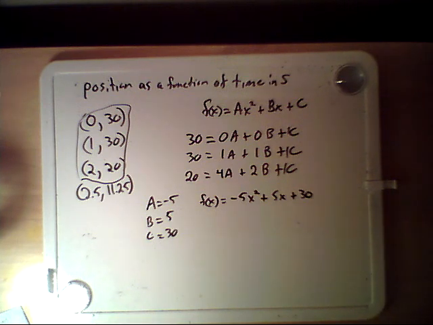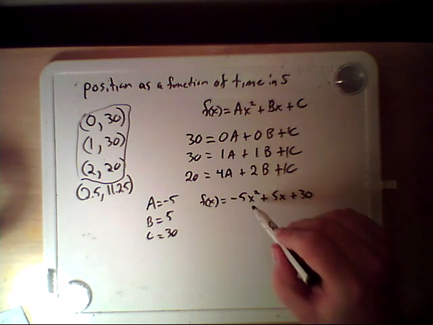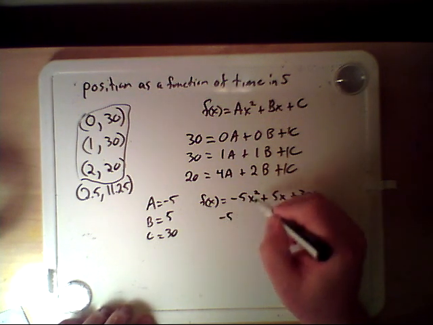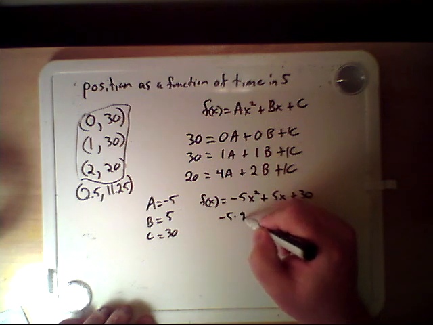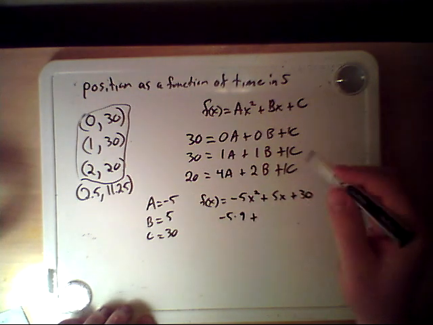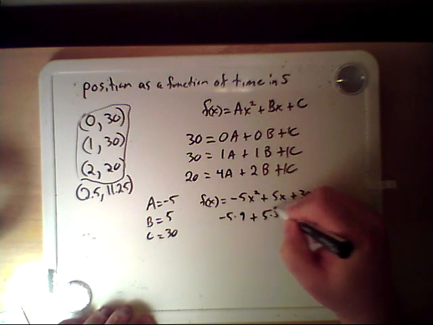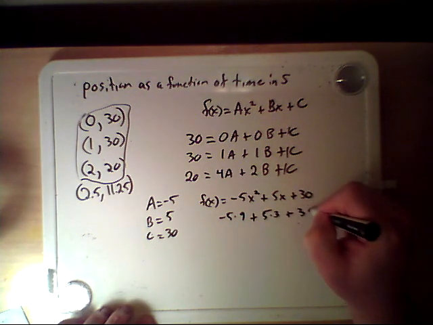Okay, and it asks, what is the position of the rock after 3 seconds? So let's plug in a 3 here and see what happens. We're getting -5 times 3 squared, which is 9, so times 9, plus 5 times 3, which is 15, plus 30.